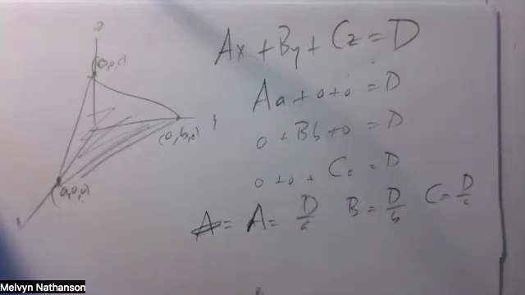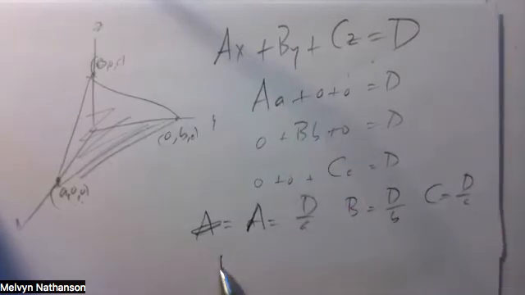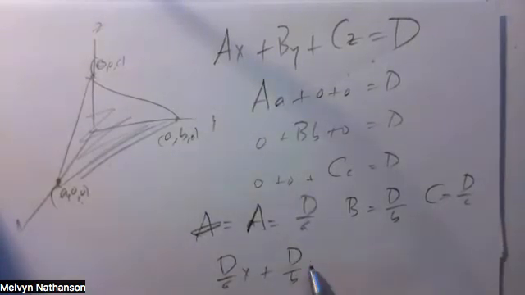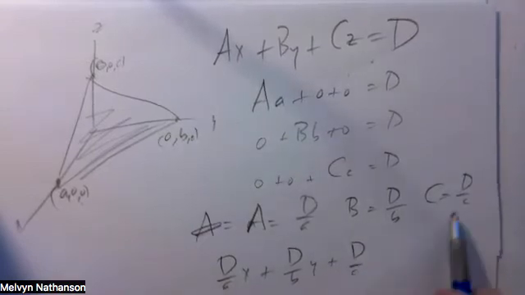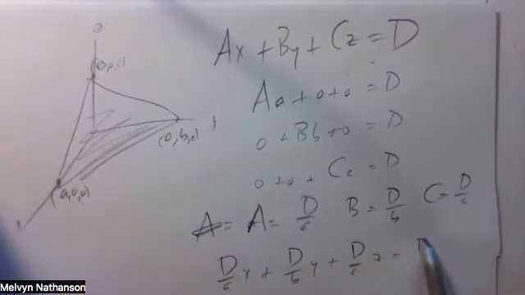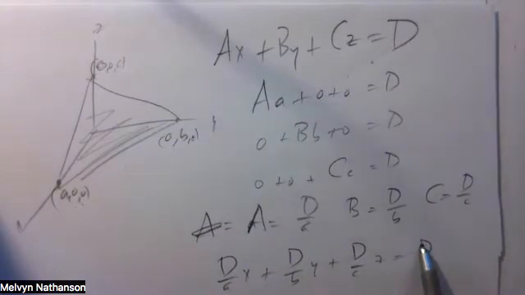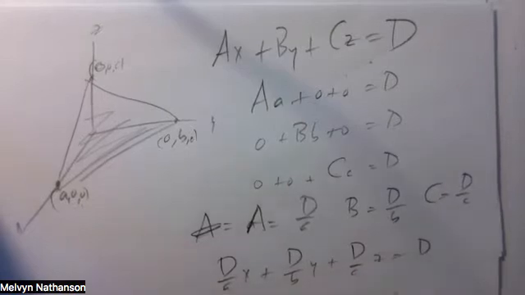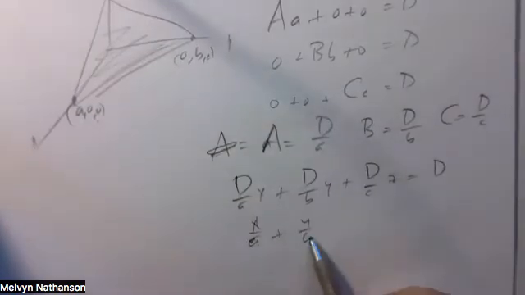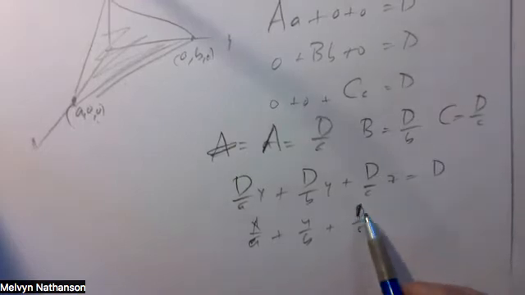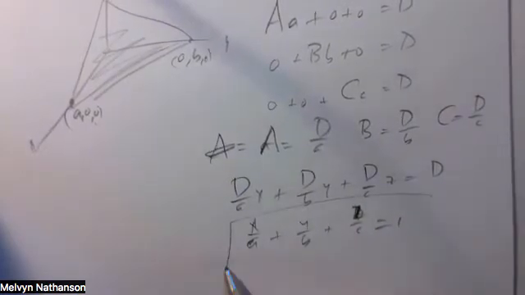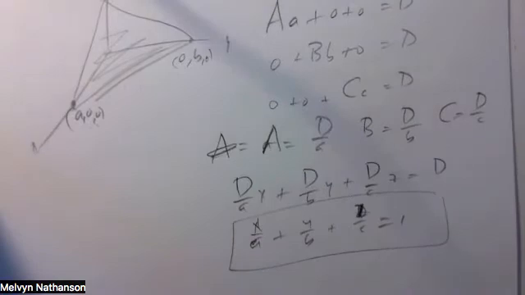So if I plug this into this equation, I get D over a times x plus D over b times y plus D over c times z equals D. I can divide by D, I get x over a plus y over b plus z over c equals 1. So that's the equation of the plane that intersects the x, y, and z axes at a, b, and c.